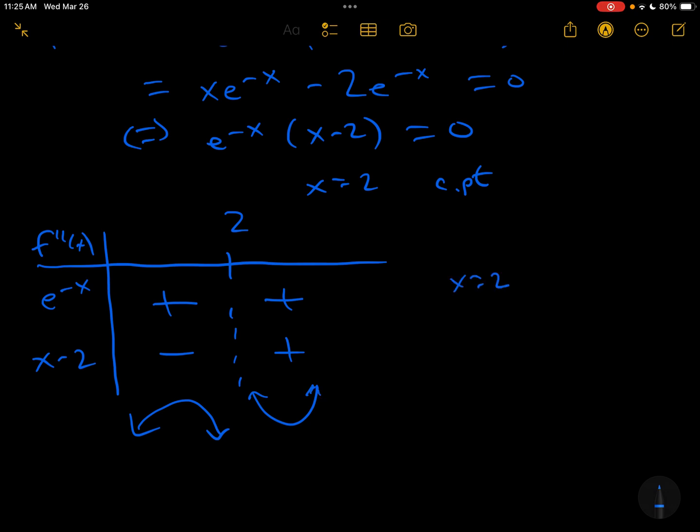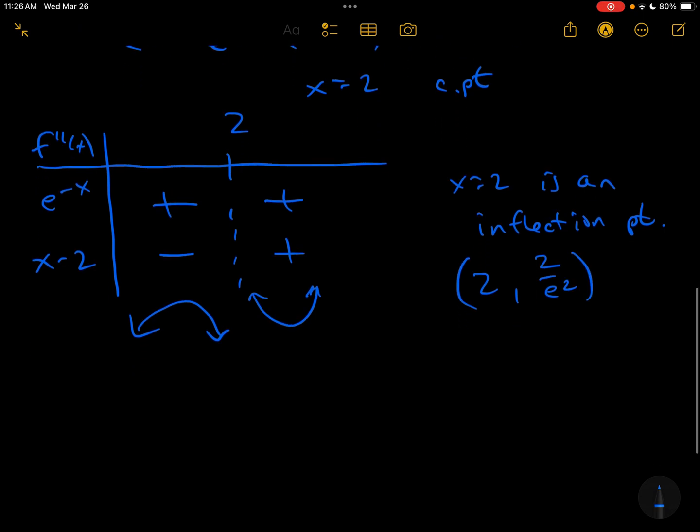So x equals 2 is an inflection point. And that's at 2 comma 2 over e squared. And it's concave down on minus infinity to 2. Concave up on 2 to infinity.